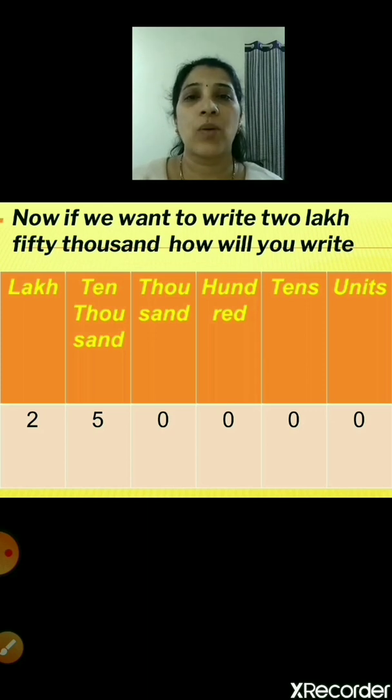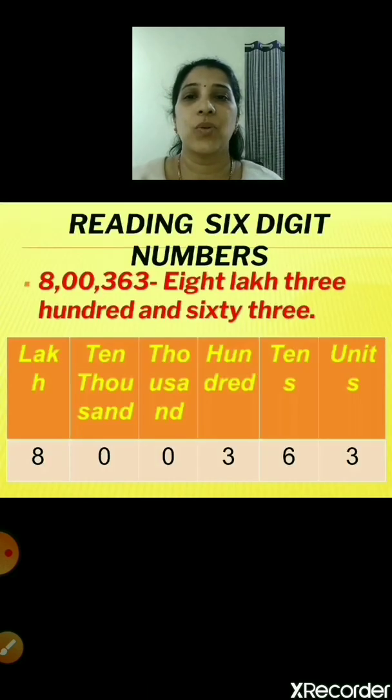So 50,000 means in the 10,000s place 5 will come, and in the thousands place 0 will come. And then if you see, it is only 50,000. Nothing is given ahead. No 100 and no other number. So 100 will come as 0, tens will come as 0 and units will come as 0. So students, have you understood this? Let's move to the next one.